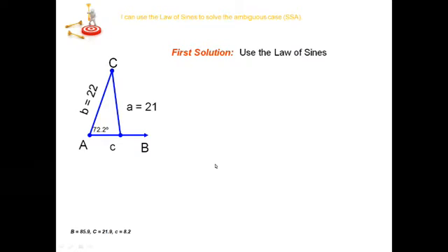So first, let's solve the problem when I have my side on the right side of the altitude. So just a simple law of sines problem. I have sine of A over a equals sine of B over b.